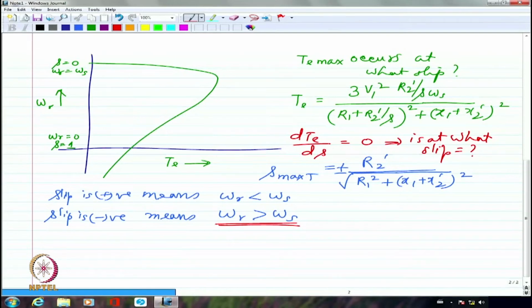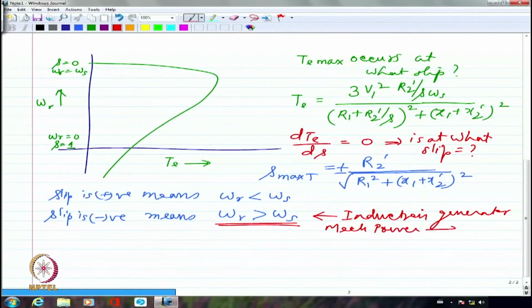I am giving mechanical energy with the help of maybe the gravitational pull, which is a kinetic energy. That can be converted into electrical energy, in which case the induction machine, which until now was operating as a motor, will start functioning as a generator. So this will correspond only to induction generator operation, where I am going to convert mechanical power into electrical power.